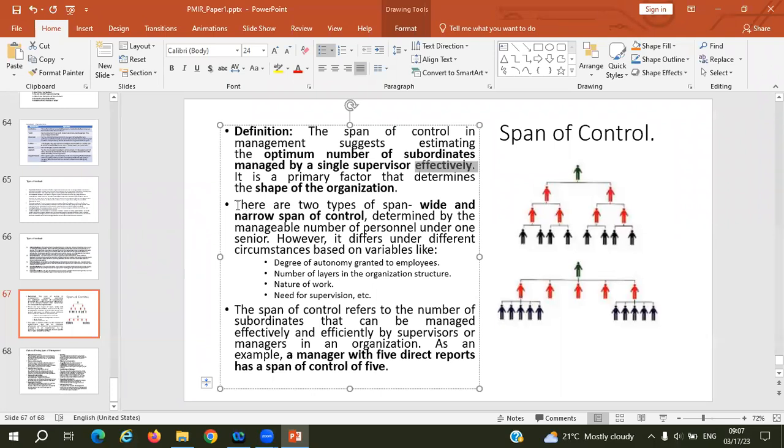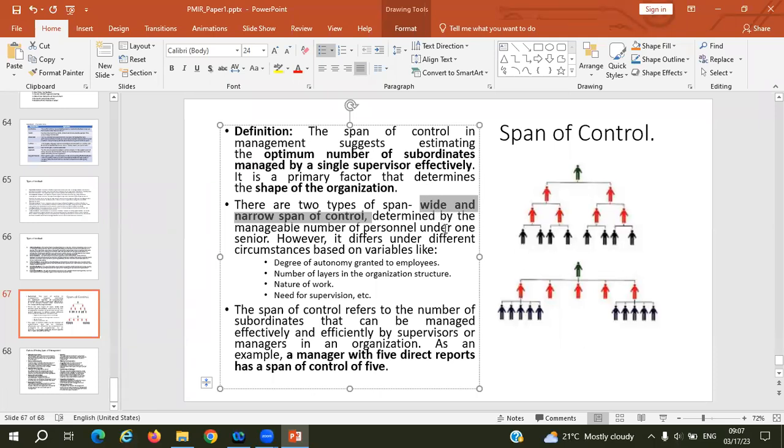Then in the second bullet it is written, there are two types of span of control. These are mainly how it is organized, how it is defined: wide and narrow. We'll understand what is wide, what is narrow. That is determined by the organization, management, the number of people working under a person, under a manager.